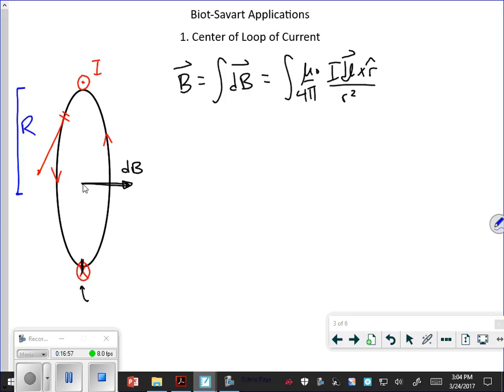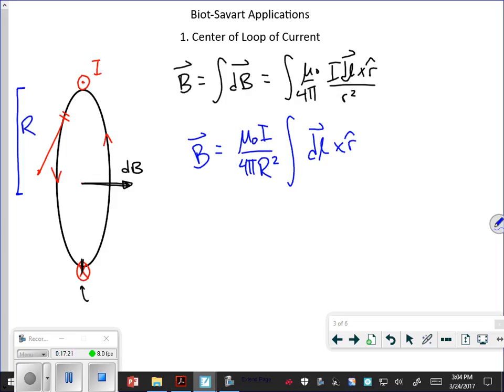There aren't a whole lot of things that are variable here, right? So we can say the mu naught and the I and the 4 pi and the r squared, with r the radius, are all constants. And then what we end up integrating is dL cross r hat.